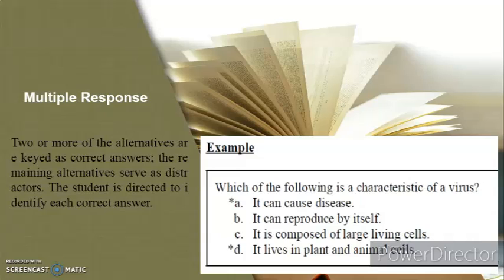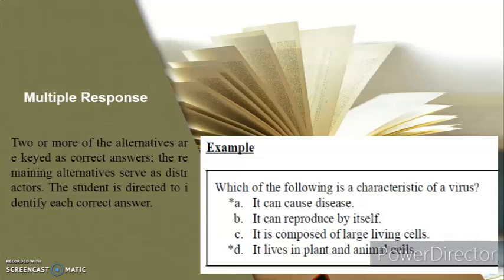Scoring on an all or none basis means 1 point if all the correct answers and none of the distractors are selected, and 0 points otherwise. Whereas scoring each alternative independently means 1 point for each correct answer chosen and 1 point for each distractor not chosen, and it is commonly used as a method.